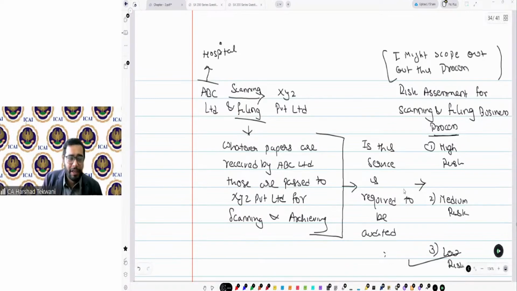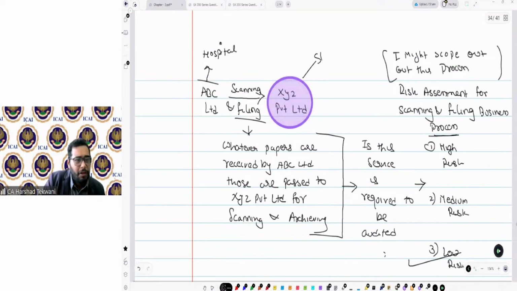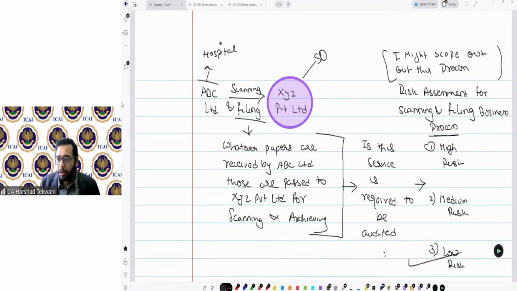Even though there is a service organization, I could say this is SO, this is service organization, it doesn't matter, because the process which is being performed by the service organization is not in scope for the audit.